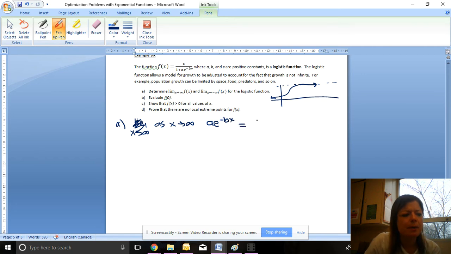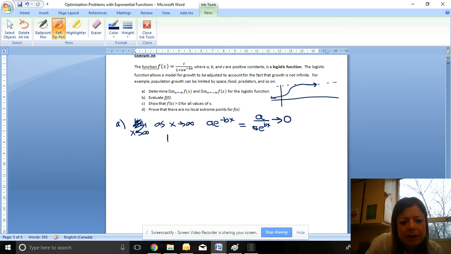To understand this a bit better, you can write it as 1 over a e to the bx, with a positive exponent. Actually, the a is on top of this. Only the e is negative. But as x gets extremely large, you'll get a number over some humongous number. So this fraction is going to approach 0.